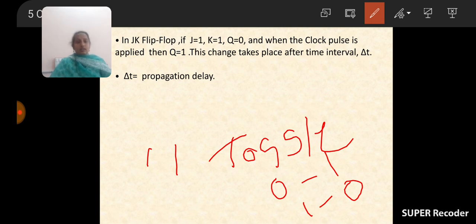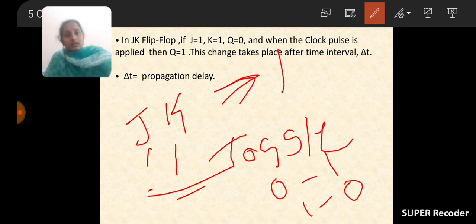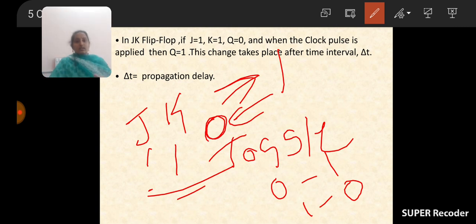Why is it called race around condition? If the inputs J is equal to 1 and K is equal to 1, the output tries to reach 1, but it is not able to reach 1; again it is at 0 only. If it is at 0, again it tries to reach 1. So it is toggled back and forth in between 1 and 0.